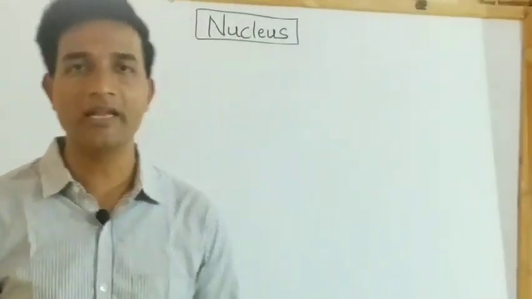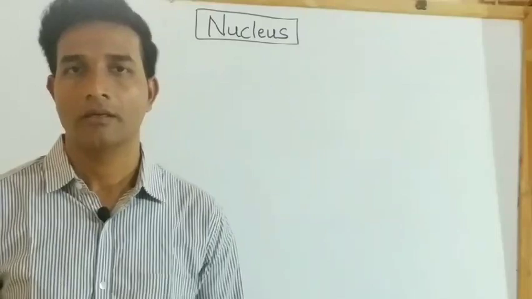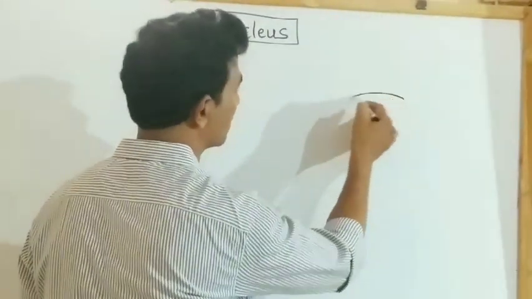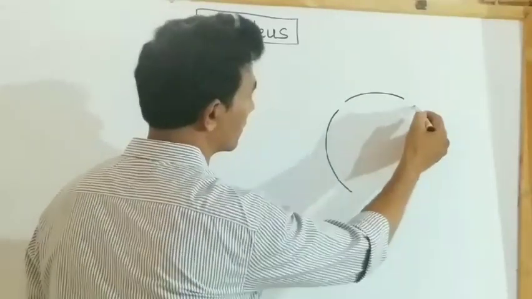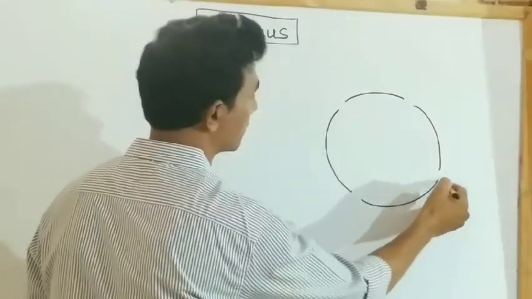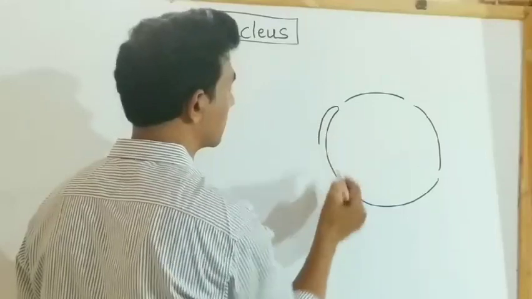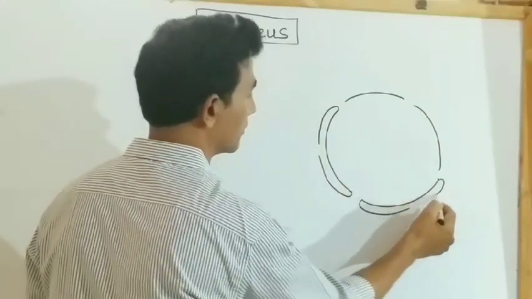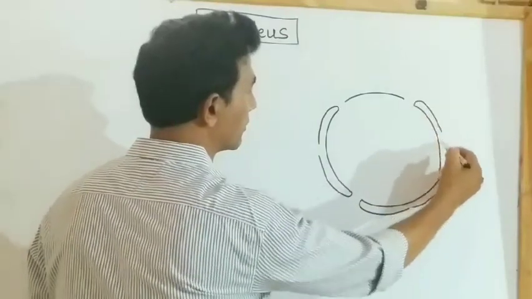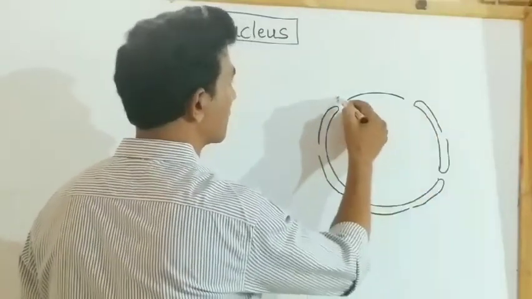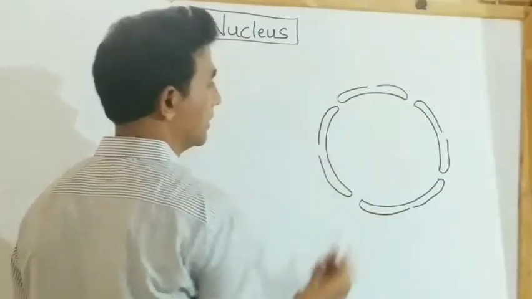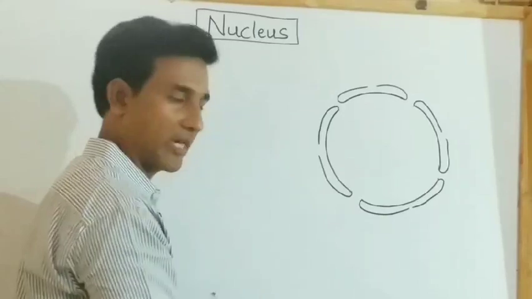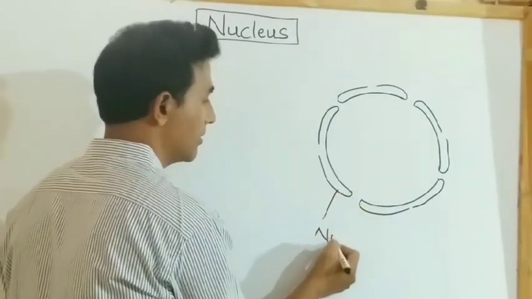The nucleus has a double layered covering which is called the nuclear membrane. So we have the outer nuclear membrane and the inner nuclear membrane.